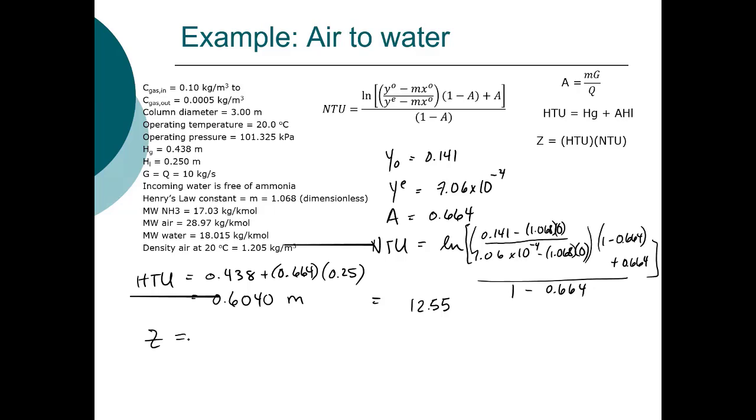So the total height is equal to 12.55 times 0.604, or 7.6 meters. So we need something that's roughly 20, almost 25 feet high in order to achieve this level of removal. So we need an extremely high column for that level of removal.